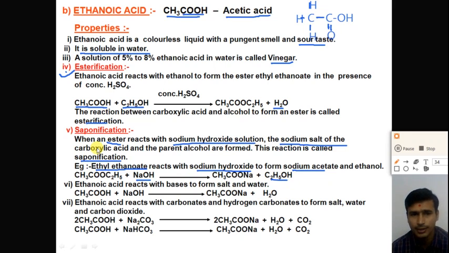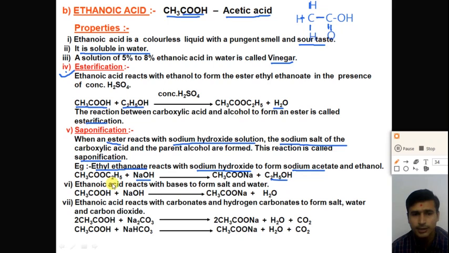So when the ester reacts with sodium hydroxide, it forms the sodium salt of the carboxylic acid and the alcohol. So ethyl ethanoate reacts with sodium hydroxide to form sodium acetate and ethanol. This reaction is called saponification.